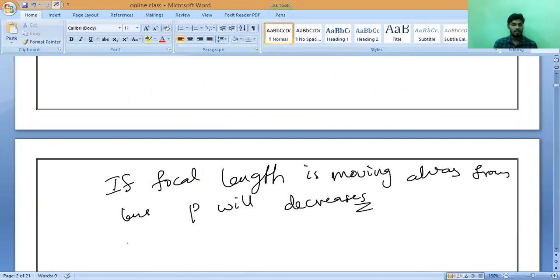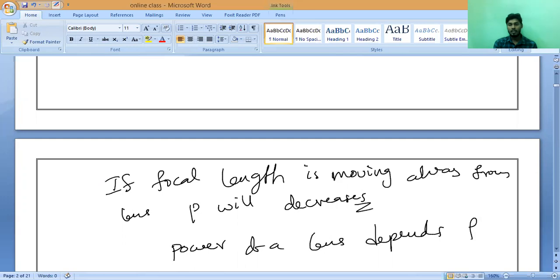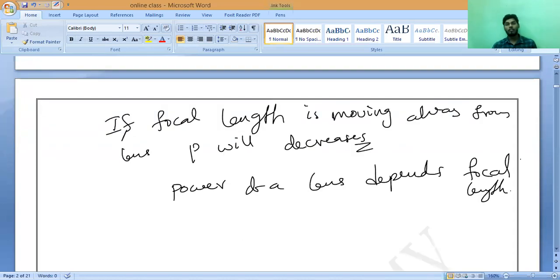It will decrease. Understand? So that is why we can say power of a lens depends on focal length. If the focal length is moving away from the lens, then automatically the power of the lens will decrease.